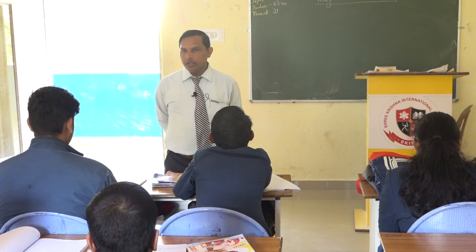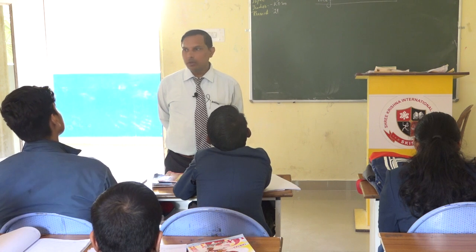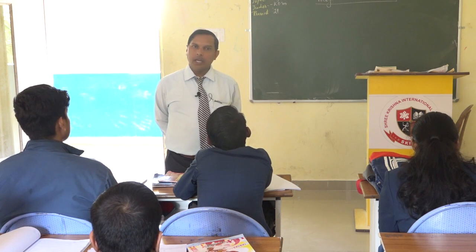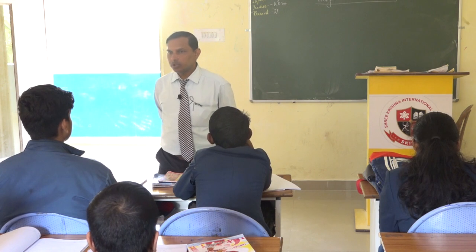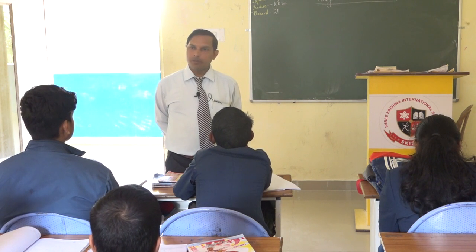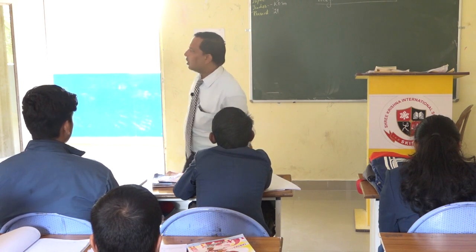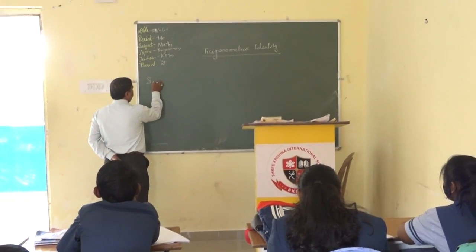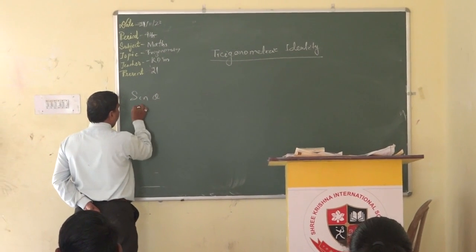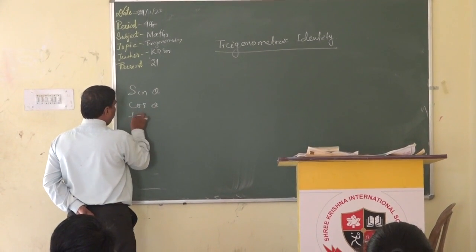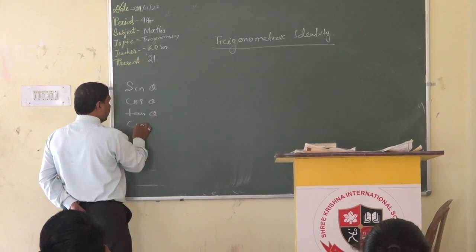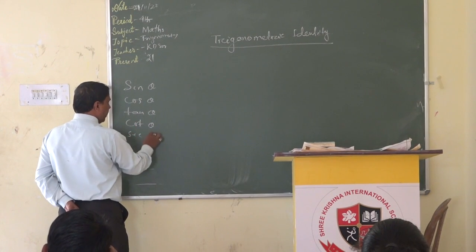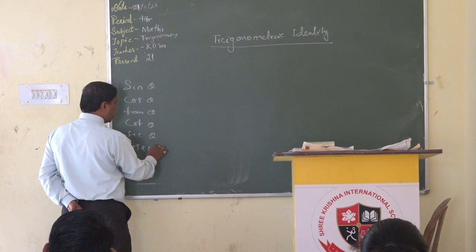Today we will discuss all these things, and we have to learn it, then apply it to solve some trigonometrical problems. Clear all? So, as you know that we have 6 ratios: sine theta, cos theta, tan theta, then cot theta, sec theta and cosec theta.